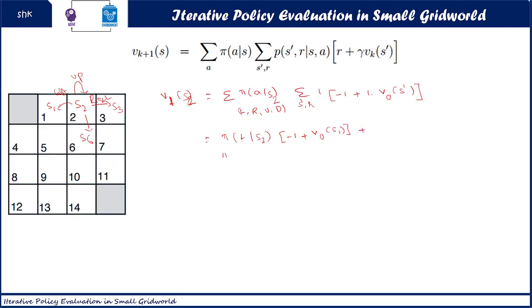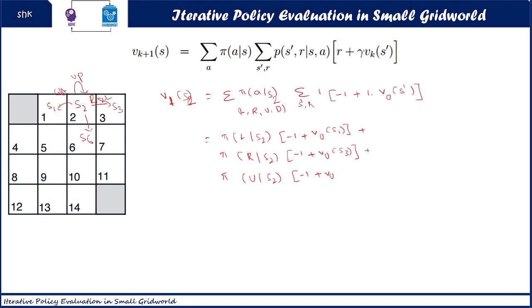plus pi of the action towards the right side from the state S2. The reward is -1. The previous value, that is V0, and the state we are going to have is S3. So that is S3, plus the next action is towards upside from the state S2. Reward is -1.